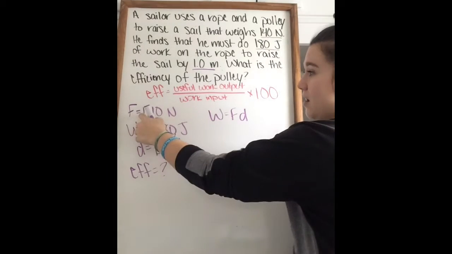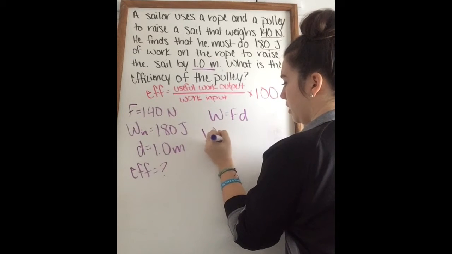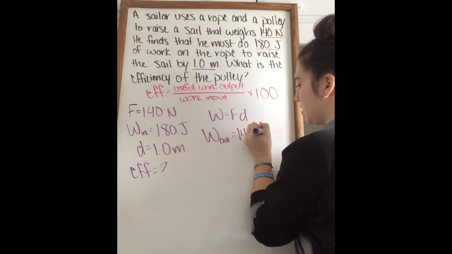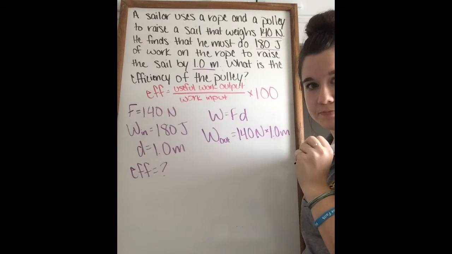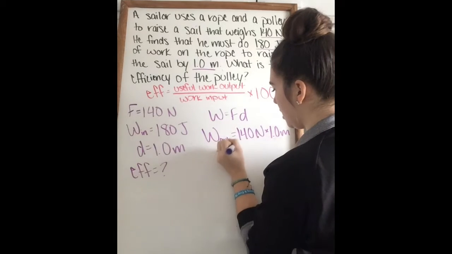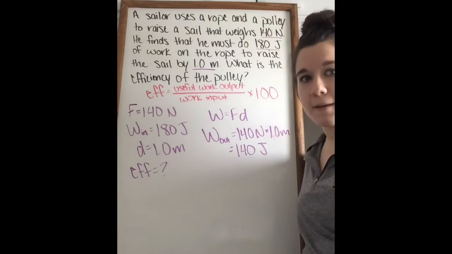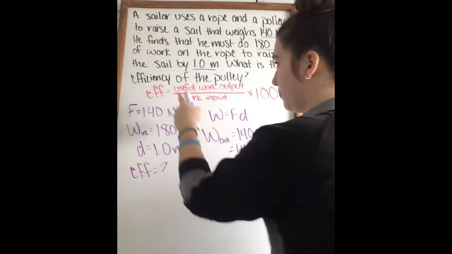Okay. We have force, we have distance. So our work output, or work out for short, is going to be 140 newtons times 1.0 meters, which will equal 140 joules. Okay, now we have everything that we need. We should be able to plug things into our equation.